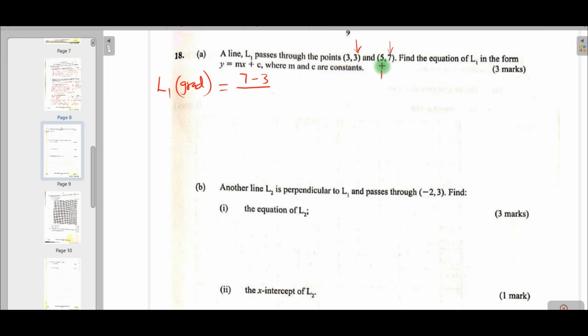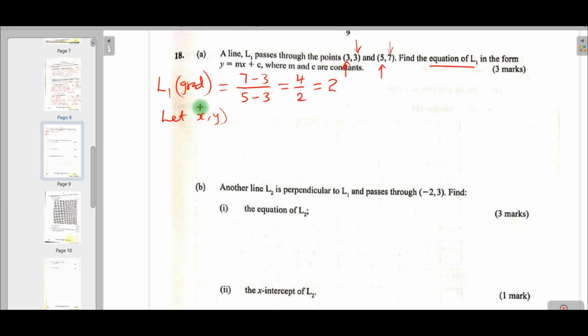And then we take x and x, 5 minus 3. So 7 minus 3 is 4, 5 minus 3 is 2, and therefore 4 divided by 2, that is 2.